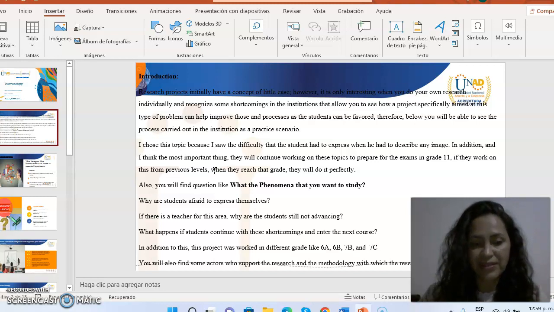Also, you will see what the question was for the research project. Also, you can see what authors were necessary for me to take into account to support my project. This project was applied in the courses 6A-B and 7A, 7B, 7C.